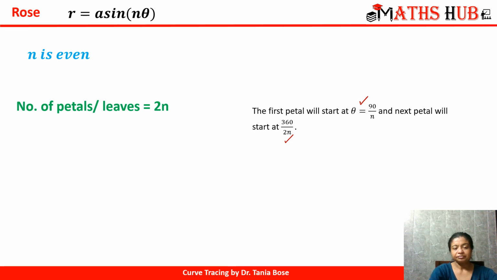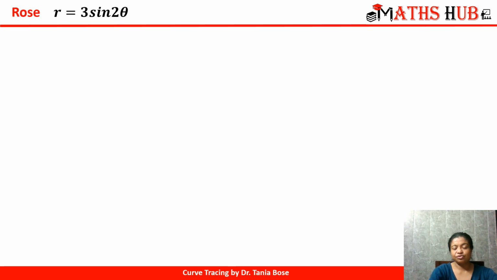Okay, so let us move on to the first rose. R is equal to 3 sine 2 theta. So here how many petals will we have? We will have 2 into 2, that is 4 petals, right? So 2 into 2 is 4 petals. The first leaf occurs at 90 by 2, 90 by n, so that is 45 degrees.